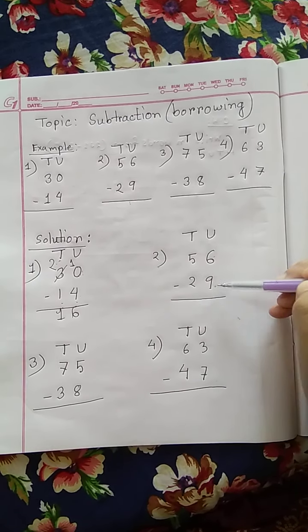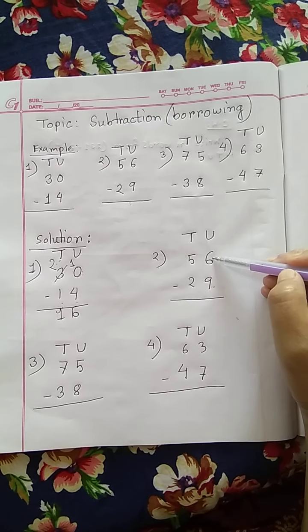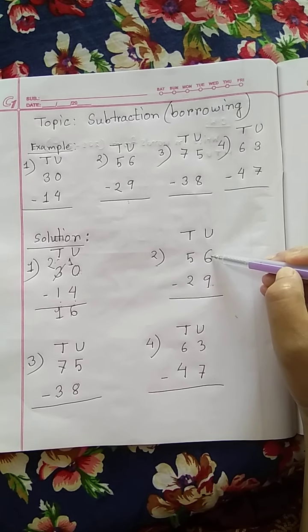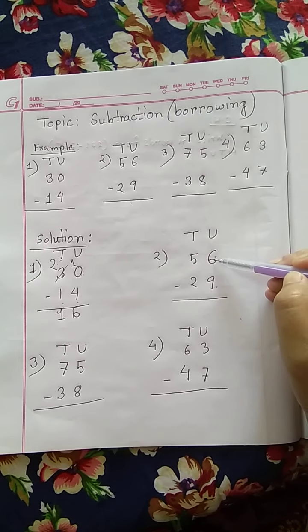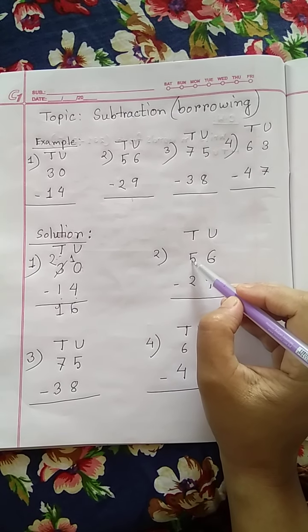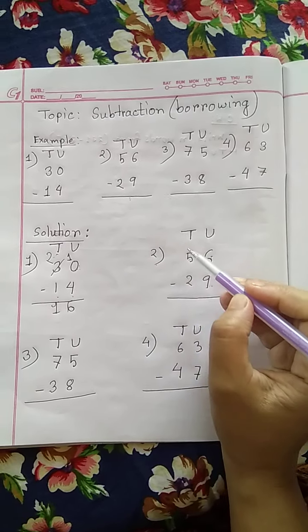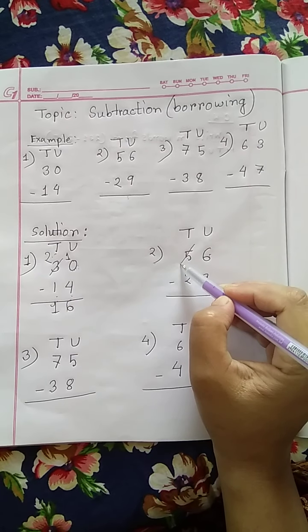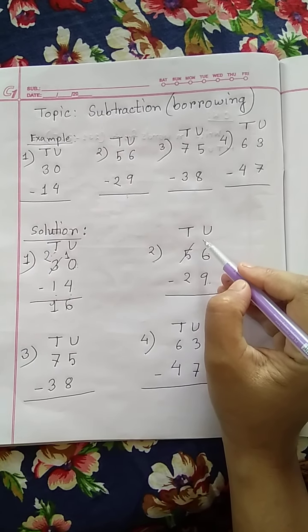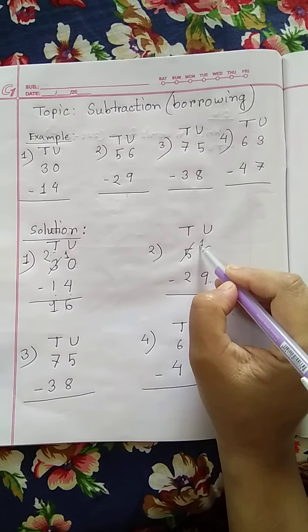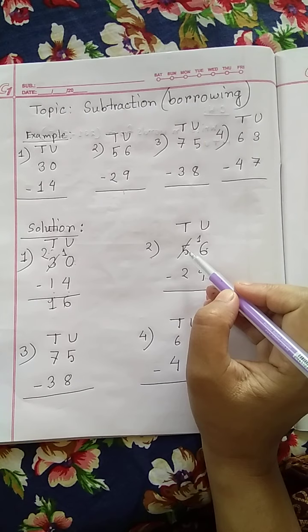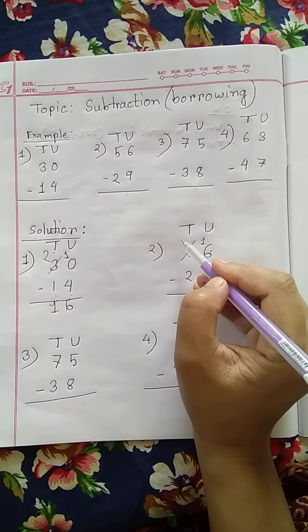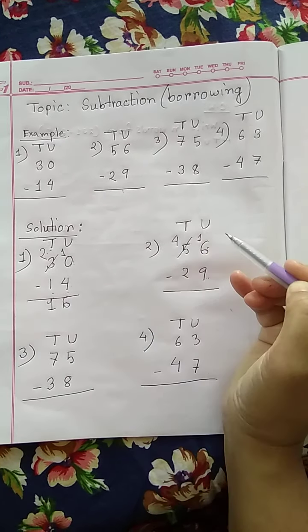Can I subtract 9 from 6? No. What can I do? I have to borrow 1 from 5 in the tens place. Okay, let's borrow it. I have cut it, borrowed 1 and placed it over here, right? And after borrowing 1 from 5, here will be 4.